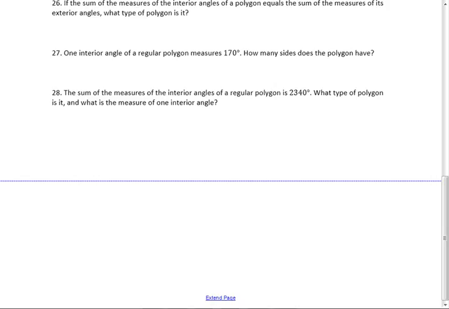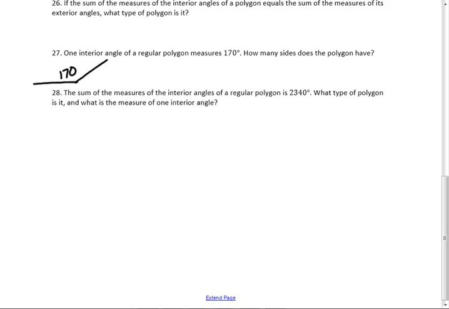If you haven't done it, let's do it right now. One thing I do is I draw a picture, and you might be saying, well, I don't know how many sides it has. How can I draw a picture? Well, I don't know either, but I'm just going to draw a picture, and the interior angle is 170. It's regular, so all the angles are equal.